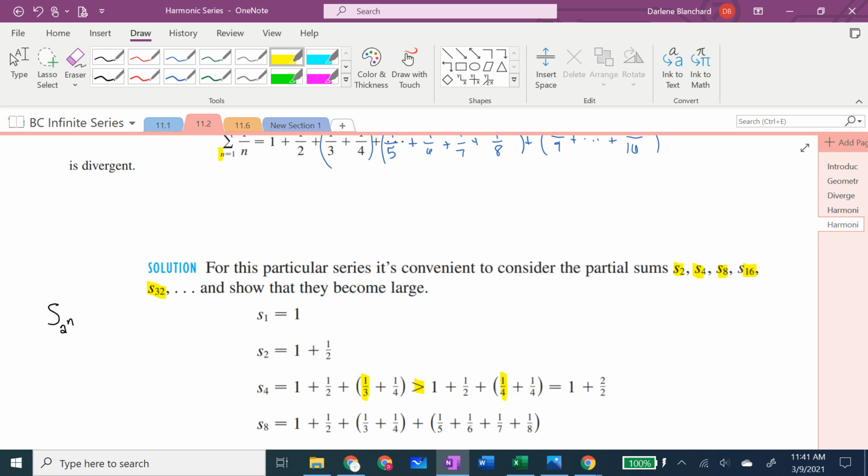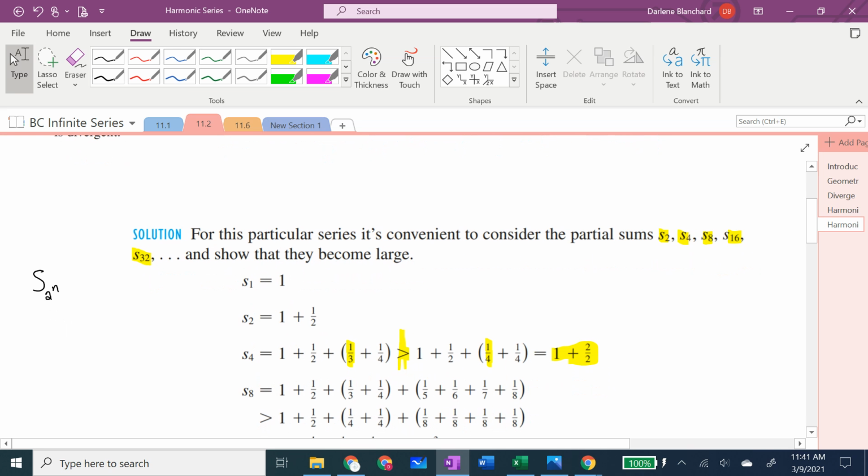That means that my fourth partial sum is greater than 2. Then, with S sub 8, we keep that idea.